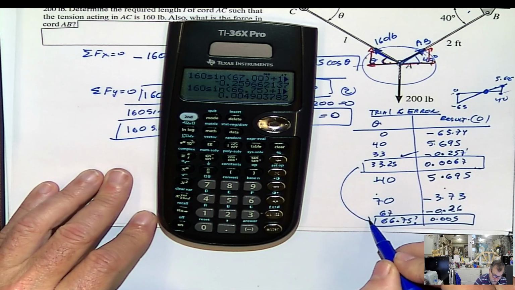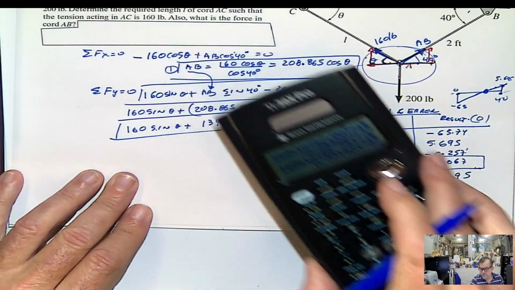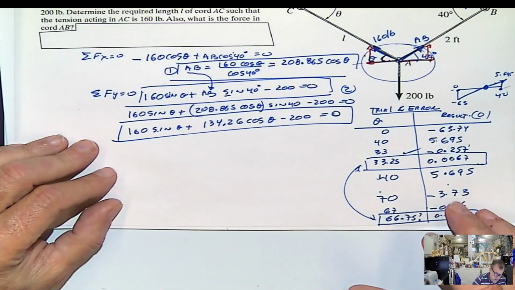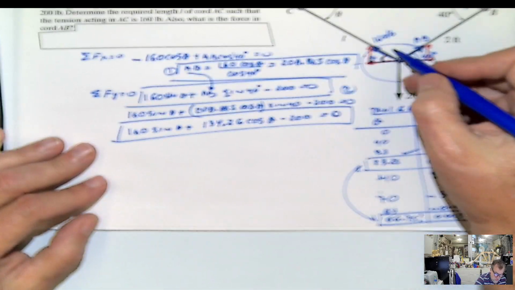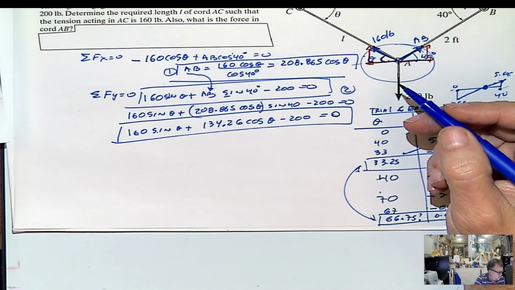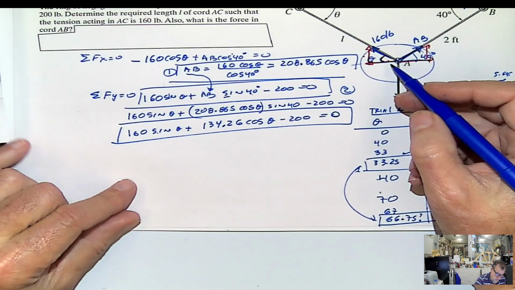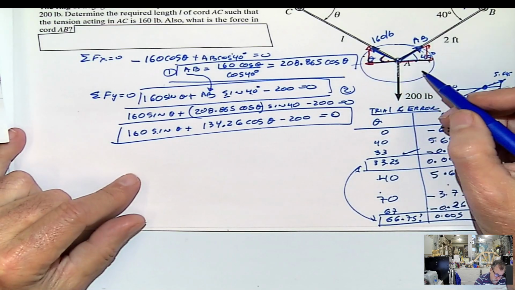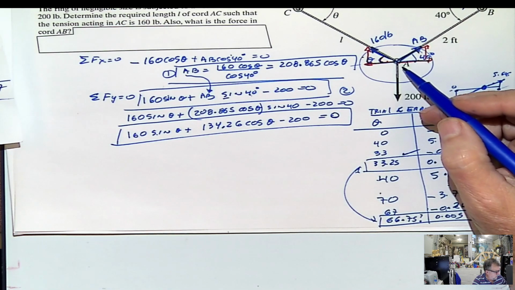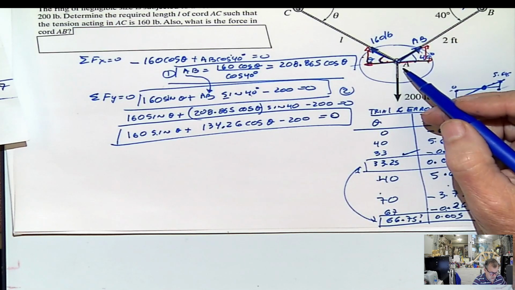So you're going to have two different angles that mathematically satisfy that equation. That means we will also have two different lengths. How can you find those different lengths? Well, I have my equation.